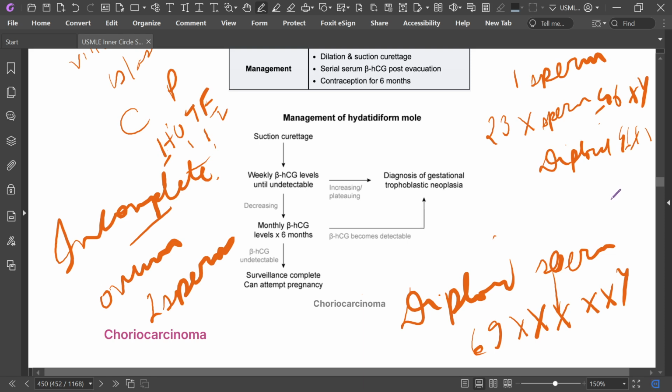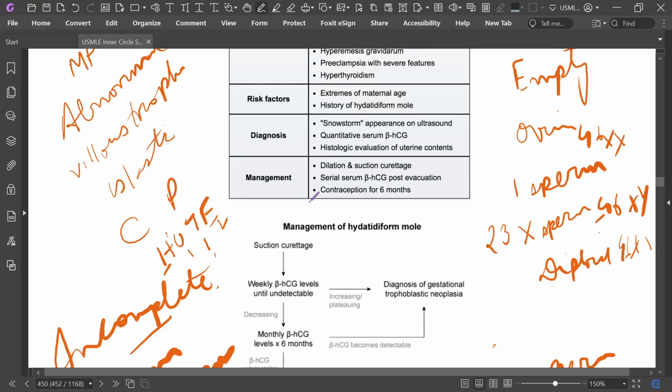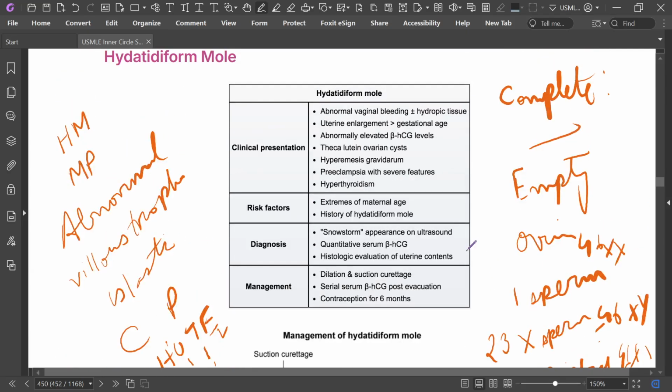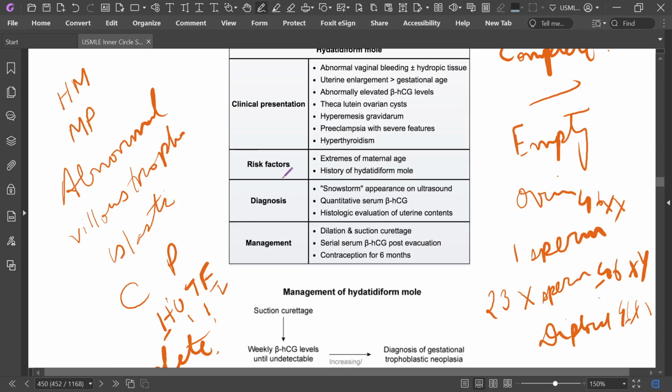Partial moles are distinct histologically from complete moles in that they have focal hyperplastic trophoblast and focally enlarged hydropic villi. Now, what are the risk factors?